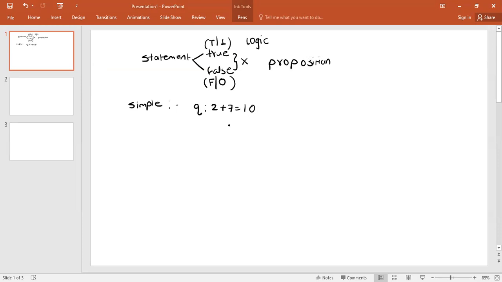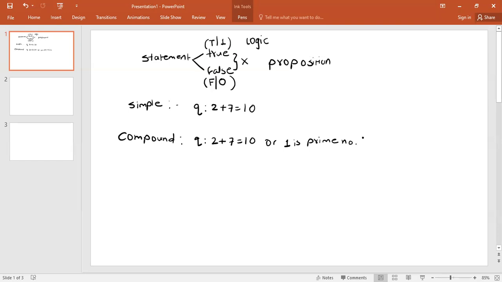These are simple statements. Next we will see compound statements. For example, 2 plus 7 equals 10, or 1 is a prime number.